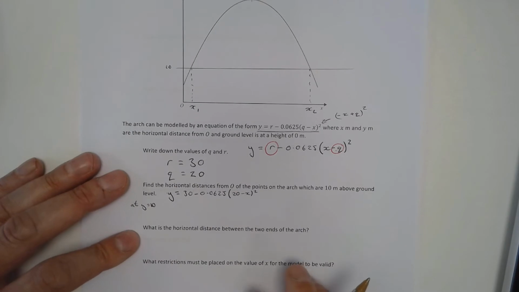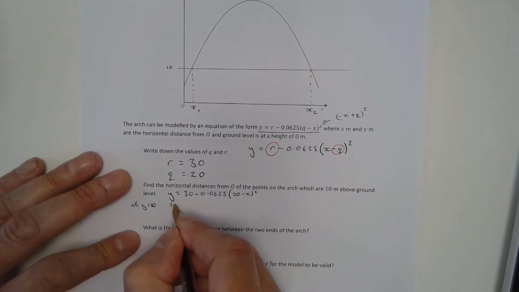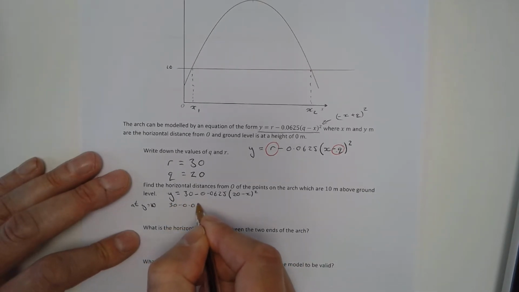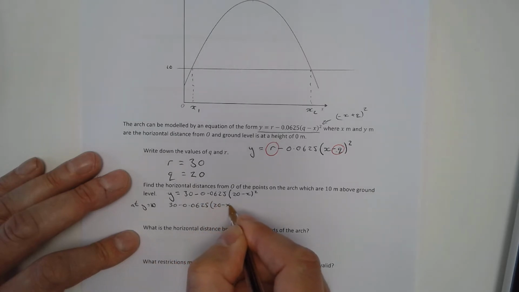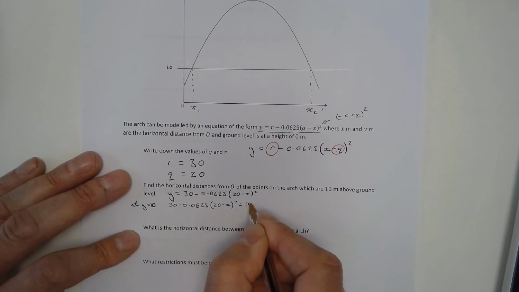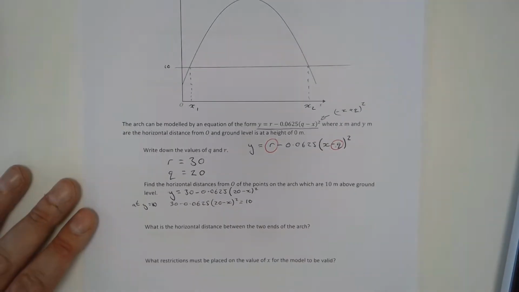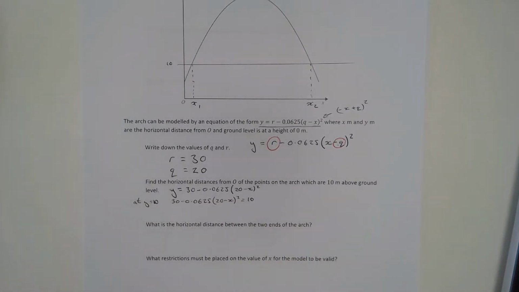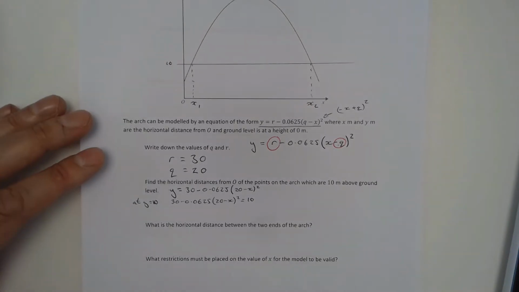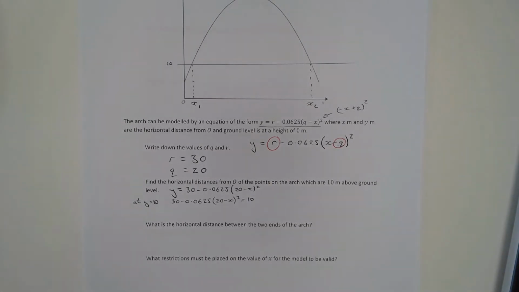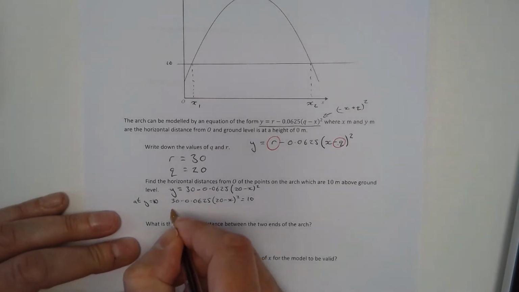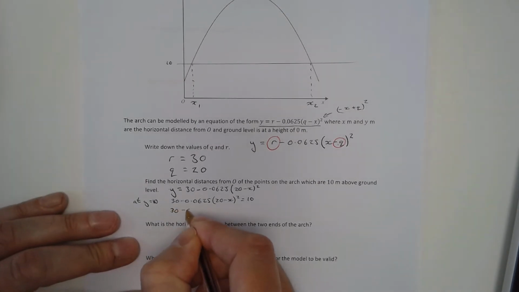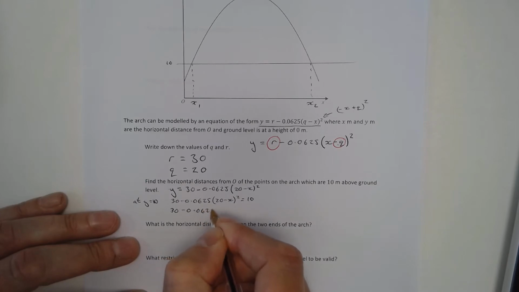So 30 minus 0.0625 (20 minus x) squared equals 10. It's really important to write that part in an exam, because you would get a mark for that, because that's you interpreting the question and starting off the maths. Obviously mistakes can now happen, can't they? So I'm going to continue with this to solve.